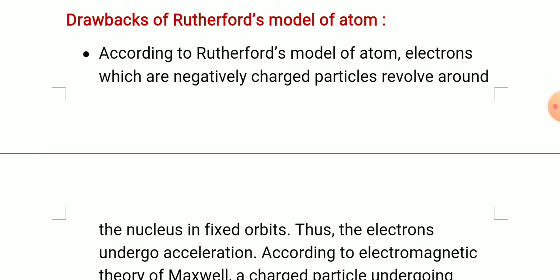The drawbacks of the Rutherford atomic model were as follows. According to the Rutherford model, electrons, which are negatively charged particles, revolve around the nucleus in fixed orbits. Thus, electrons undergo acceleration.